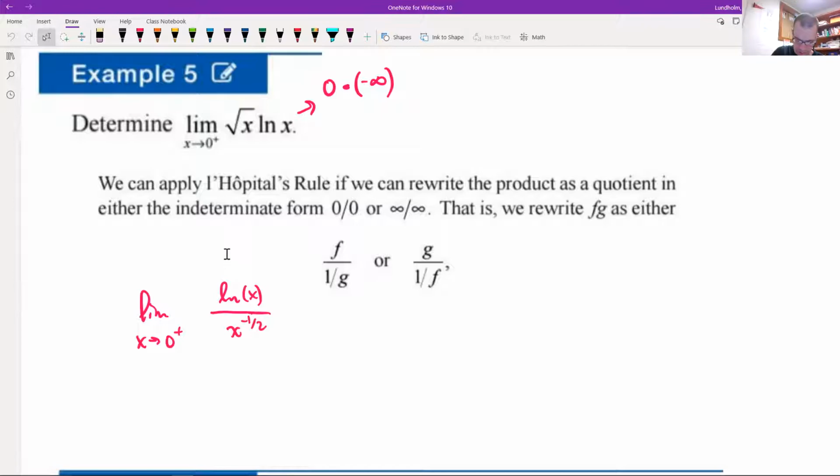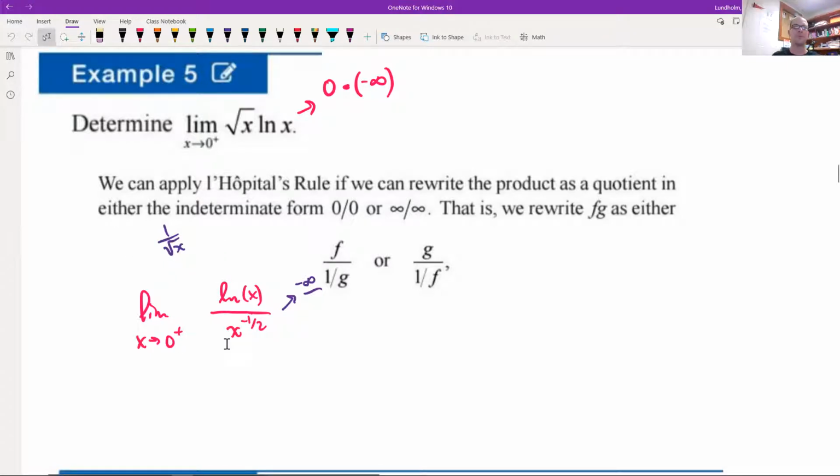Like last time. And if we put in 0 on the bottom, well, again, you might even want to think about that x to the negative 1/2 as 1 over the square root of x.